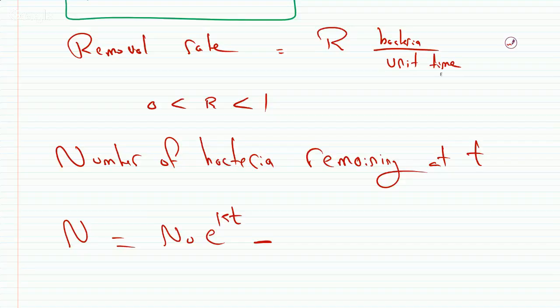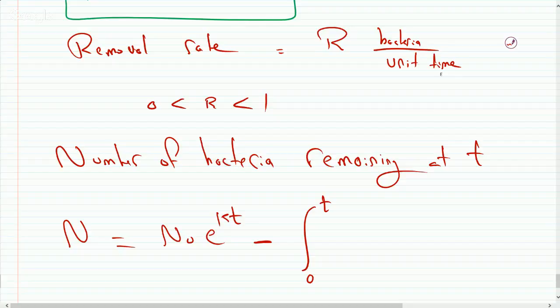So you can actually integrate from 0 to t the rate of removal, that's bacteria per unit time, times the number of bacteria present, because this is just the density state of the bacteria that you have available.